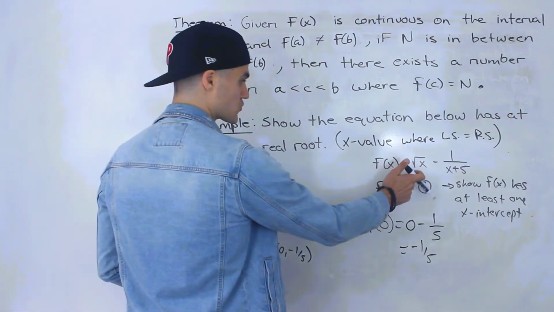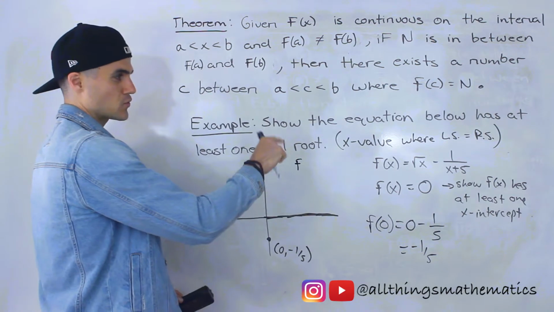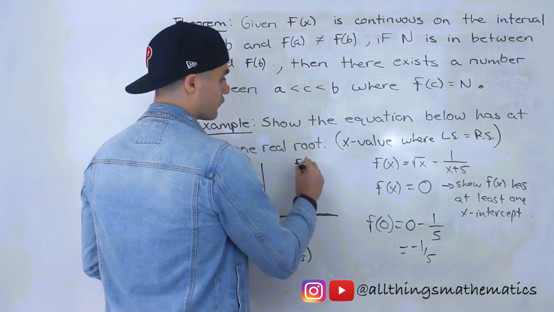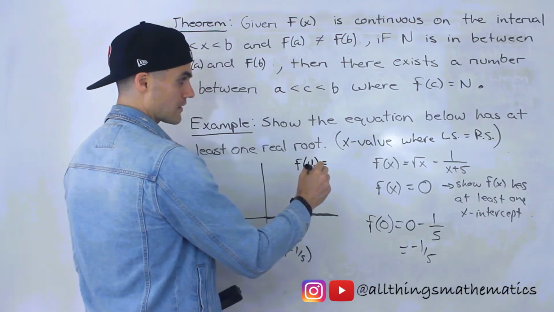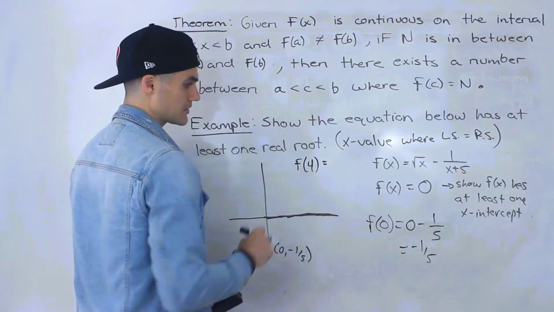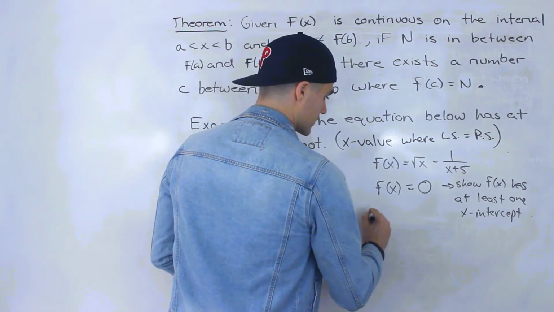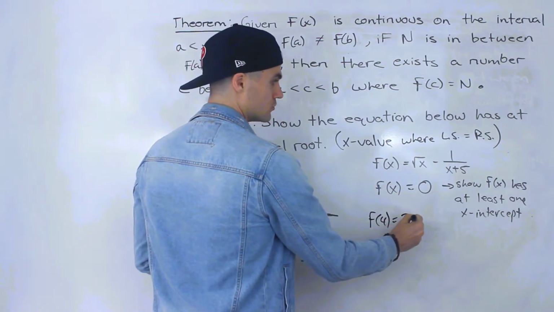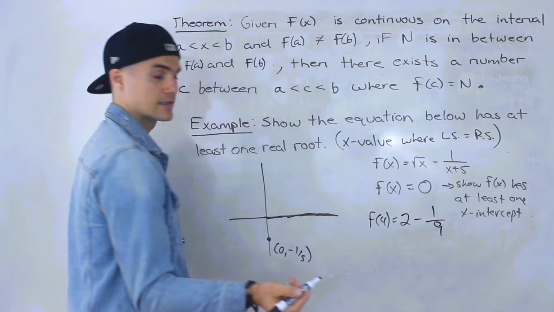And because we have this square root of x, I'm going to pick a number for x where that square root is going to be smooth. So let's do 4. I just realized we could pick 1 as well. Anyway, let's just stick with 4. I'll do it down here. So f of 4 is going to be square root of 4, which is 2, minus 1 over 4 plus 5, which is 9.